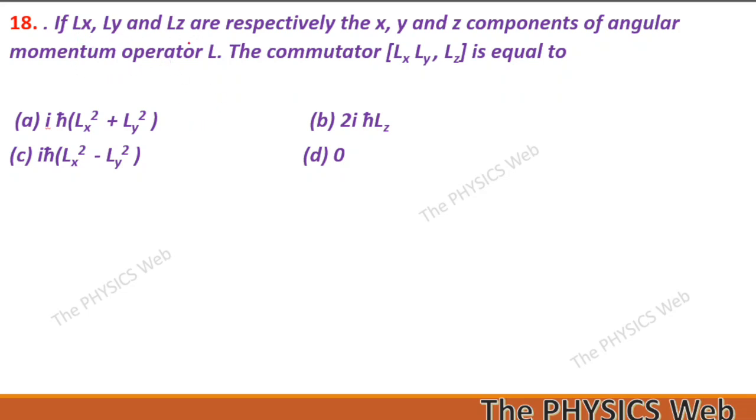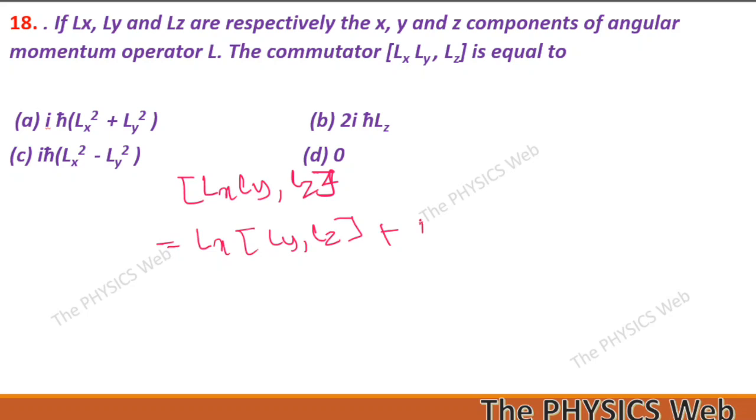Next, if Lx, Ly and Lz are respectively the x, y and z components of the angular momentum operator, the commutator [Lx, LyLz] is equal to. So first use the property of the commutator bracket. This will be equal to [Lx, Ly]Lz plus Ly[Lx, Lz].